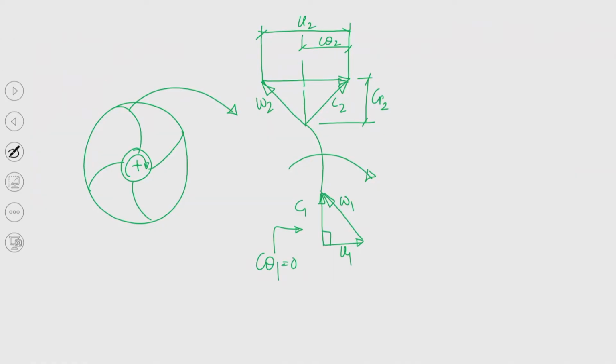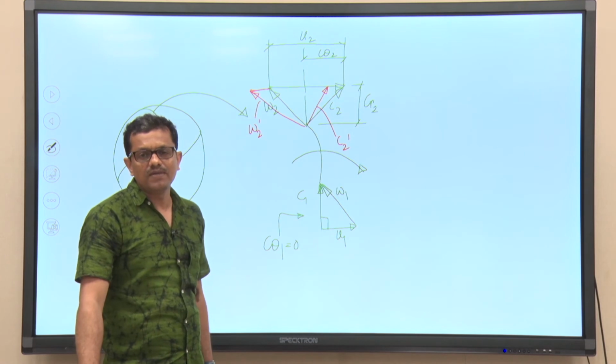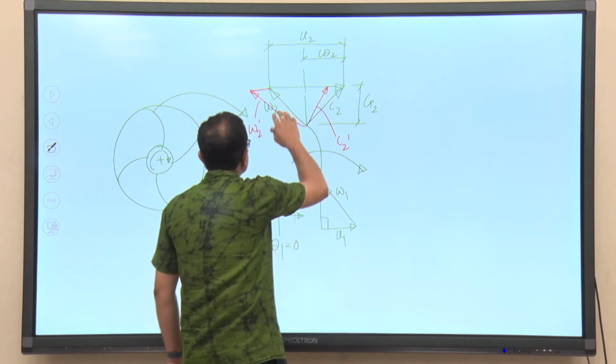So if we draw the velocity triangle, that would be C2 prime, and similarly this will be W2 prime, right. This is what is given in the problem statement. Though it is not mentioned explicitly that we have to consider the slip velocity, still from the problem statement itself we can understand that we should consider the effect of slip, right. So this is very important.